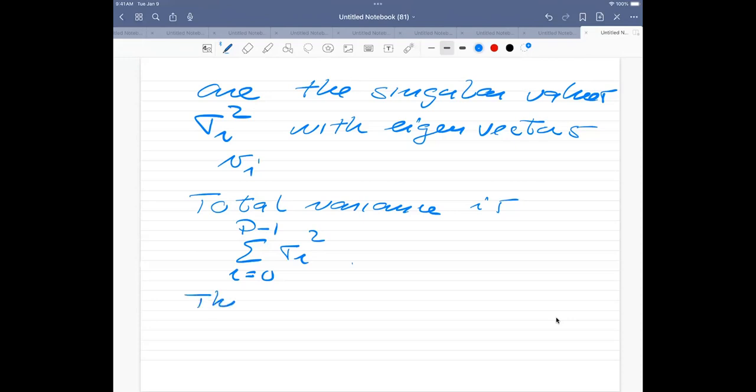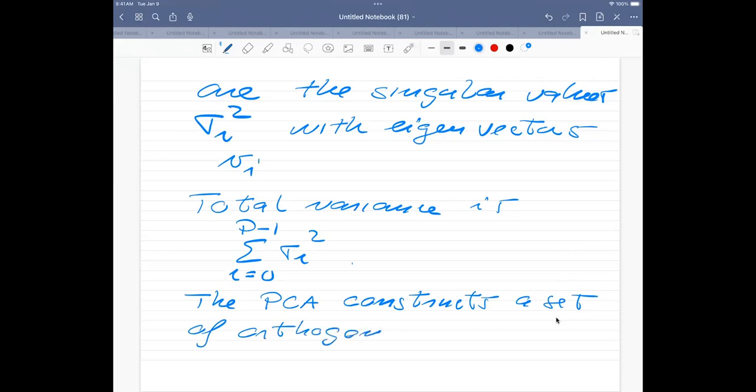The PCA constructs a set of orthogonal vectors, and I'm going to call this set S. There is an orthogonal matrix S with vectors S0, S1, etc., up to S_{p-1}.